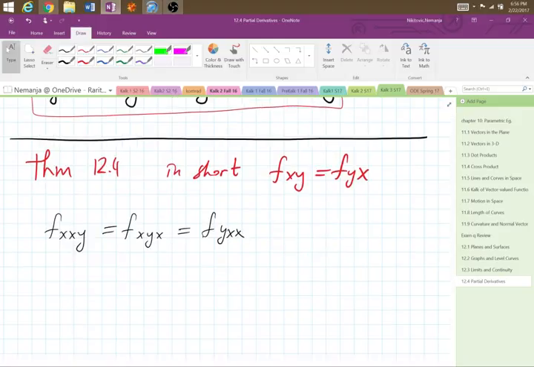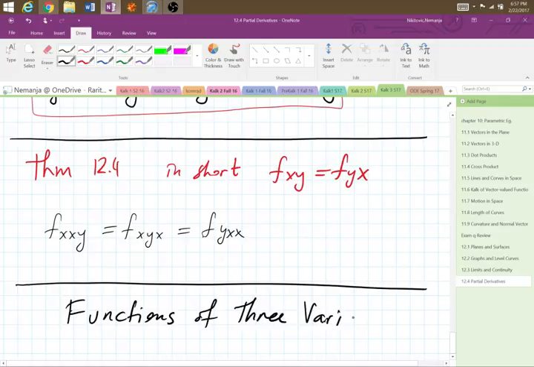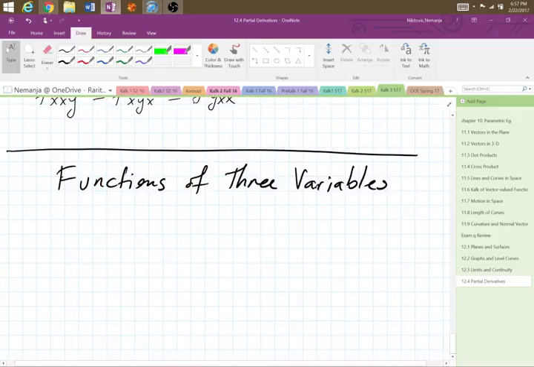Now all of this in 3 variables. Well, it used to be z equals function of x and y. Now it's w equals function of x, y, z.